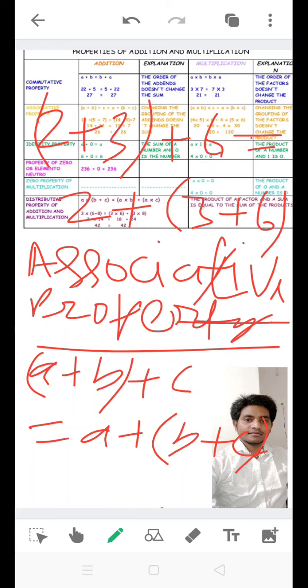Or we can say (a plus b) plus c equals a plus (b plus c). This is the standard property.